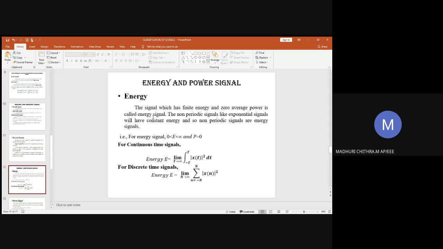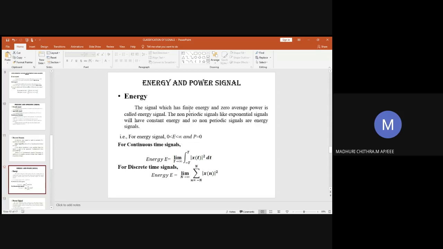Energy signals are normally non-periodic signals, like exponential signals, which will have constant energy. So energy signals are not periodic signals. The energy should lie from 0 to infinity, and the power is 0.